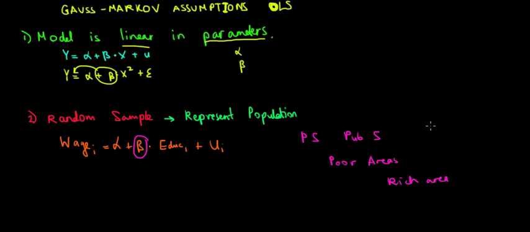So Sweden is going to be our population, and then our sample is going to have random people taken from the Swedish population. Hope this makes sense. In the next video we keep going.